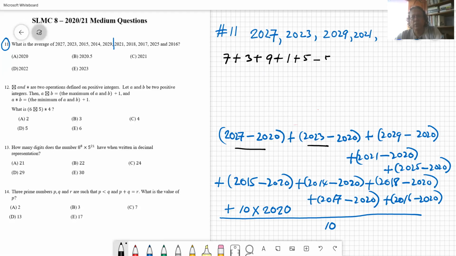So minus 5, minus 6, minus 2, minus 3, minus 4.